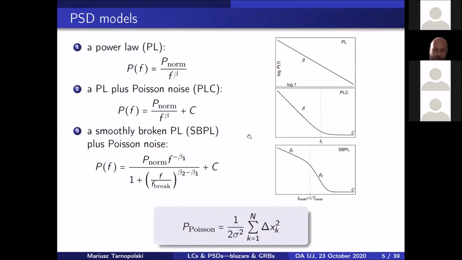And the constant C in these two cases is the so-called Poisson noise level coming from the uncertainties in the individual measurements. That is, if one observes a value of 20 plus minus 1, it can actually be slightly above or below 20. Then let's say one observes 21 plus minus 1, which again can in reality be slightly off, though with a different magnitude or direction than the previous measurement.